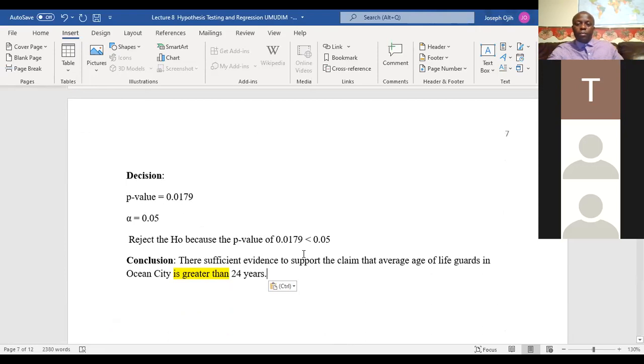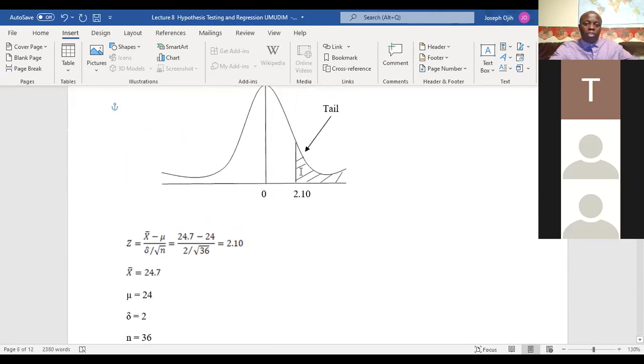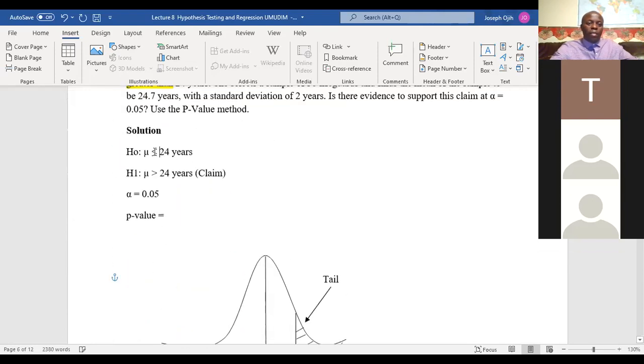So if it's a two-tailed test, we multiply the p-value. What's a two-tailed test? Remember the one you did yesterday, when you have this side shaded and the other left side shaded, and the null hypothesis and alternate hypothesis would be like this. You have the mean equals that, and it's not equal to that.